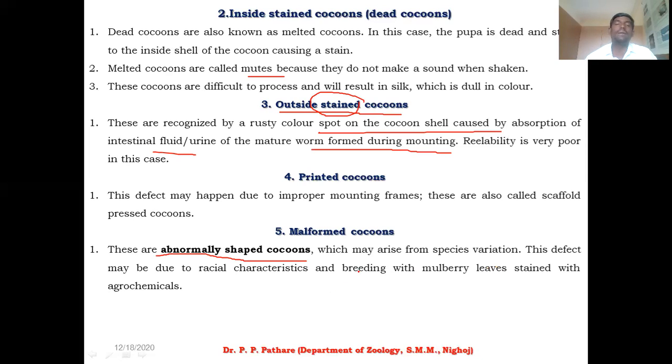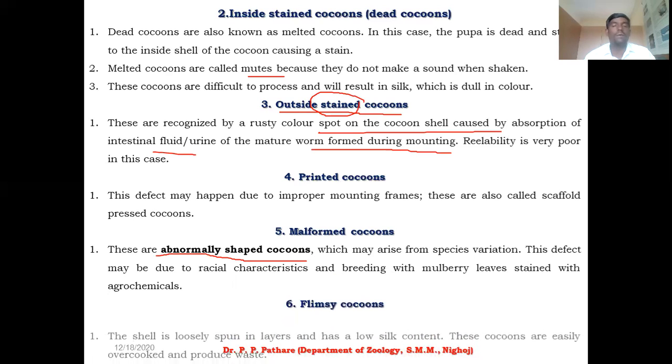If during the rearing of your cocoon, some agrochemicals, then mulberry leaves feeding, some abnormal condition happens, that time your pupa will produce unshaped cocoon or abnormal shaped cocoon, which is called malformed cocoon. I hope you understand what is the actual meaning of this word.